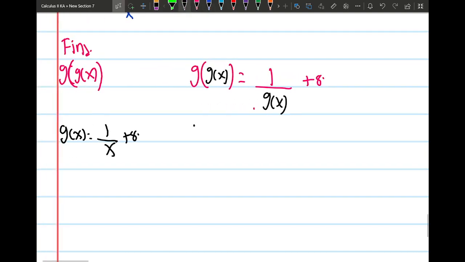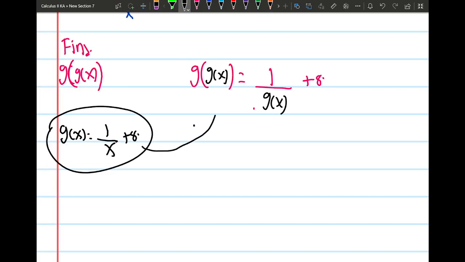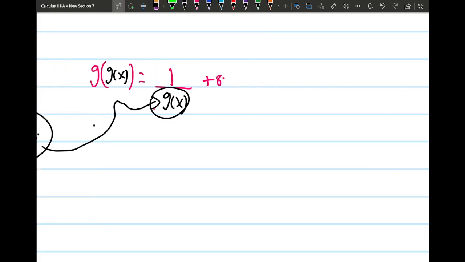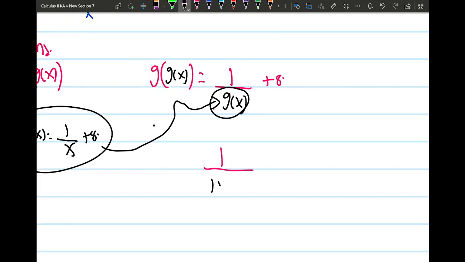So we're basically putting this function into this here. So this will give us 1 over, 1 over x plus 8, then plus 8 again, so kind of like this.